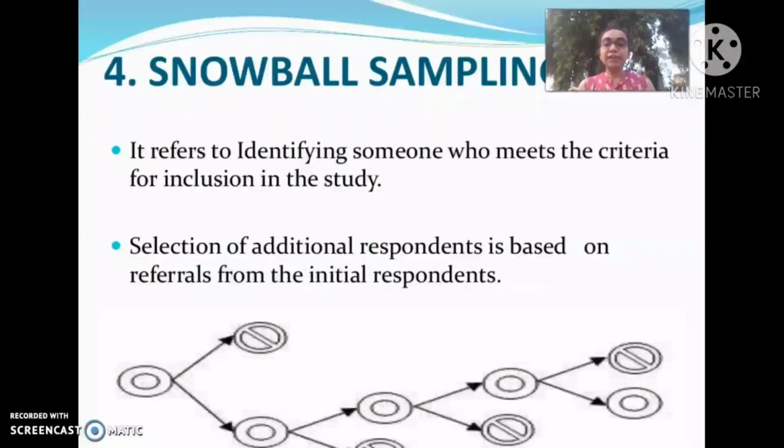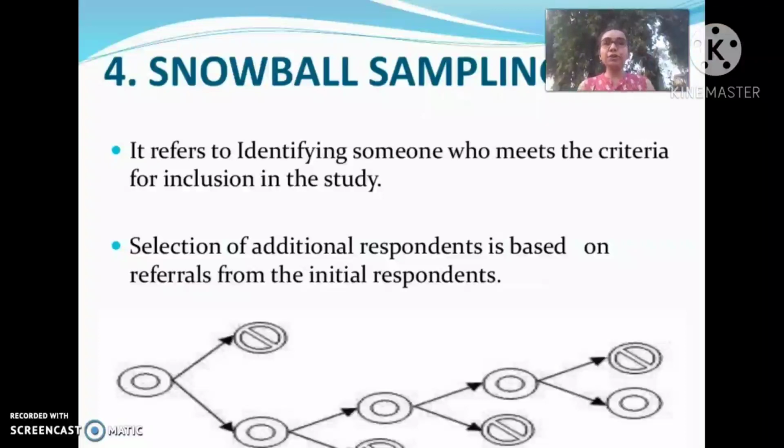Last, we can see the snowball sampling method in non-probability sampling methods. Snowball sampling refers to identifying someone who meets the criteria for inclusion in the study. Selection of additional respondents is based on referrals from the initial respondents. You can see the snowball sampling process in the figure.